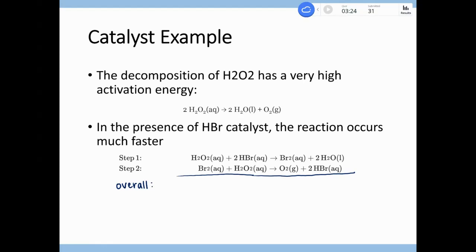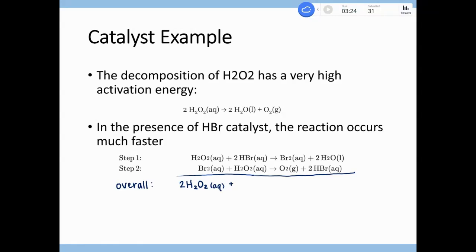So writing the overall equation, we have hydrogen peroxide, H2O2, present with 2 moles on the reactant side and nothing on the product. So we have 2 H2O2. Then we have 2 HBr on the reactant side and 2 HBr on the product side.